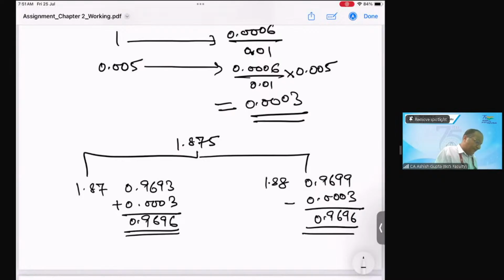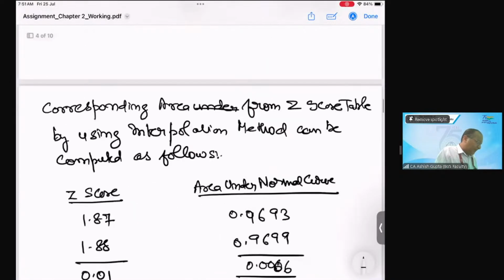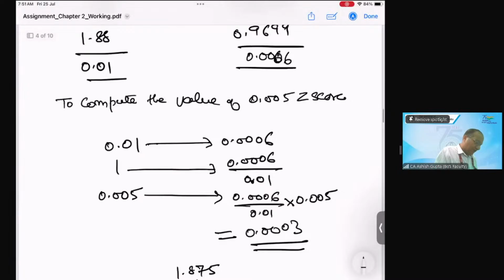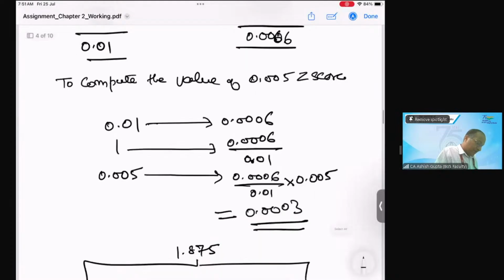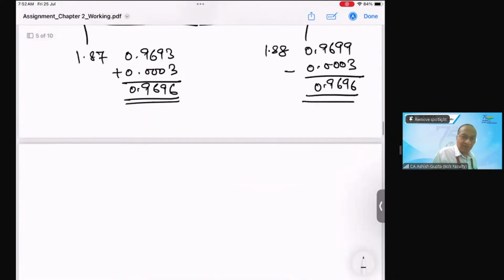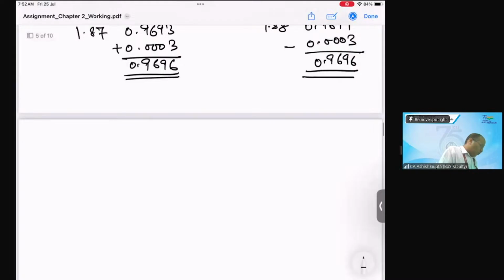Now see, as I told you, this is the cumulative area under the normal curve.